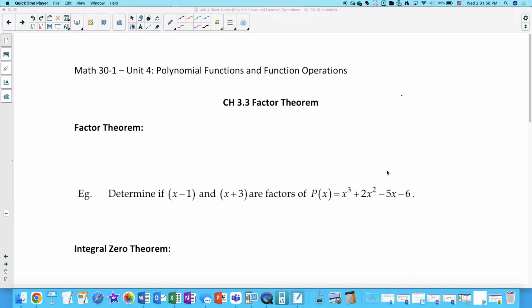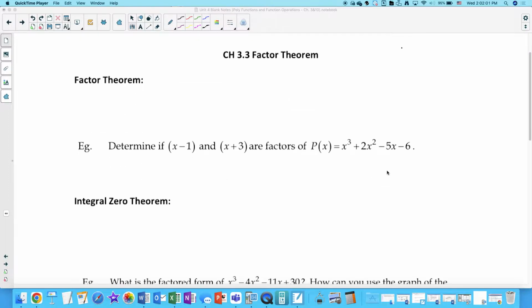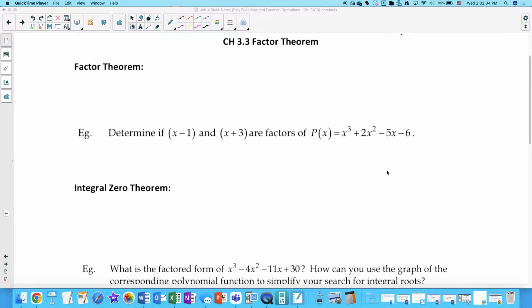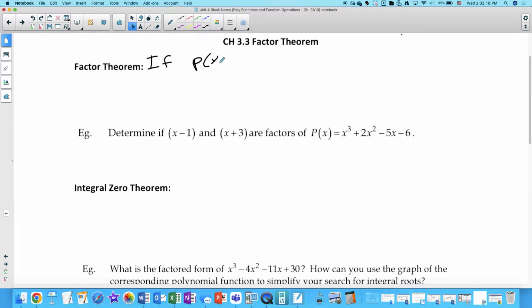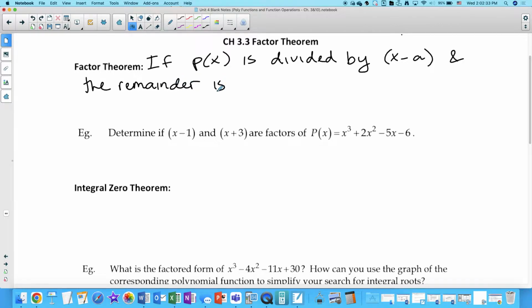And the factor theorem essentially states that if you divide some polynomial by x minus a and the remainder is 0, what do you think that means?